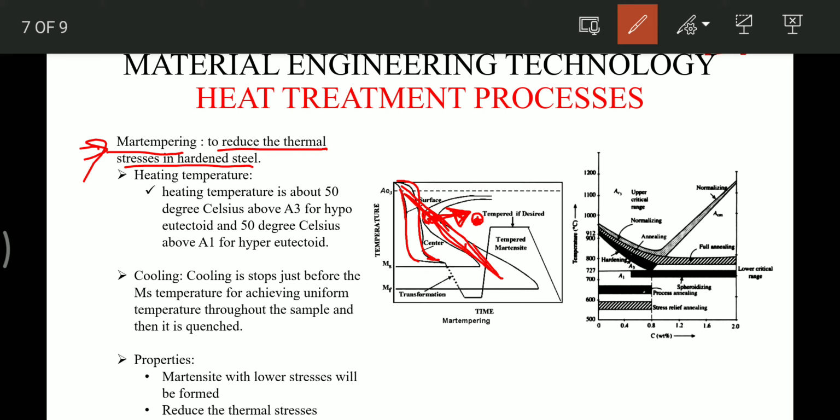But in mar tempering, what we are doing, we are heating at about 50 degrees Celsius above A3 temperature for hypoeutectoid steel and 50 degrees Celsius above A1 for hypereutectoid steel. So basically, friends, this is the region for this mar tempering.